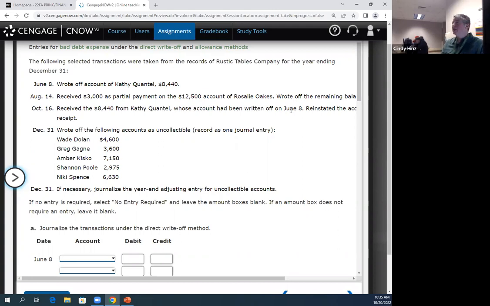We have to use the allowance method because the direct write-off method violates the matching principle. I also told you, though, that we do use the direct write-off method for tax purposes. And so it's not that it's never used, but that it can't be used on our financial accounting, the annual reports that we produce to share with the public.